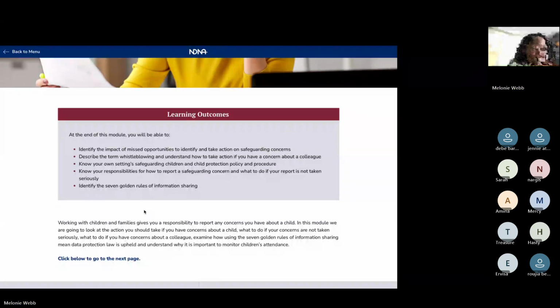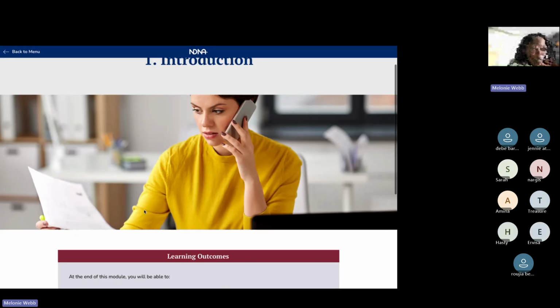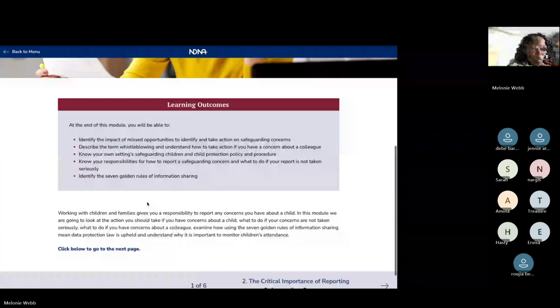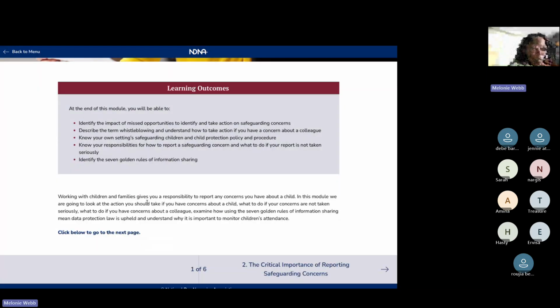So, what are we looking at? Working with children and families gives us a responsibility to report any concerns we have about a child.